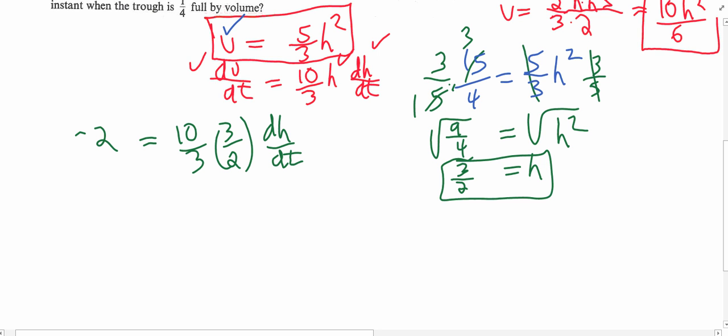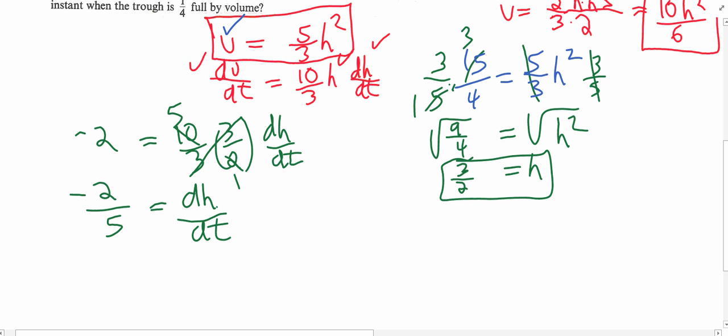Now we could clean this up certainly before we move it over. That cancels out, and that becomes a 5. So we just need to take -2 divided by 5, and our height looks like it's decreasing at -2/5 of a foot per minute.